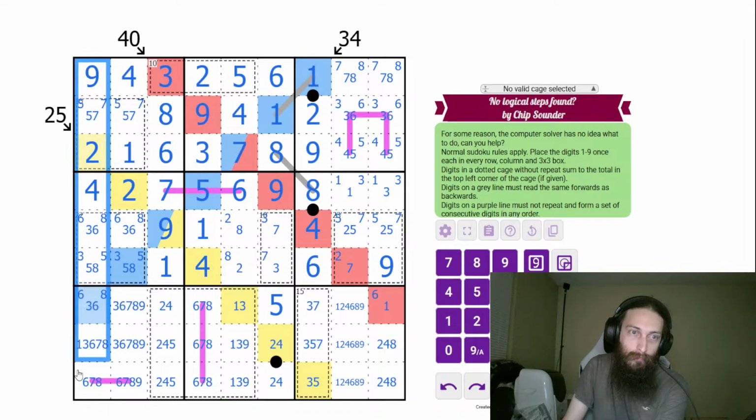Column 1, where does 1 go? It has to go here.